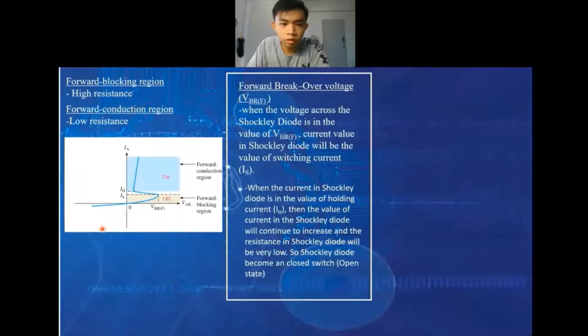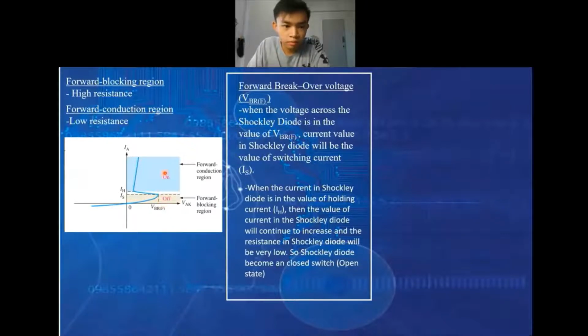And when a voltage across the diode increases until the forward breakover voltage, the value of current will achieve the value of switching current.